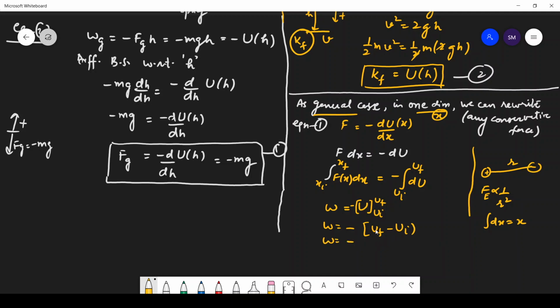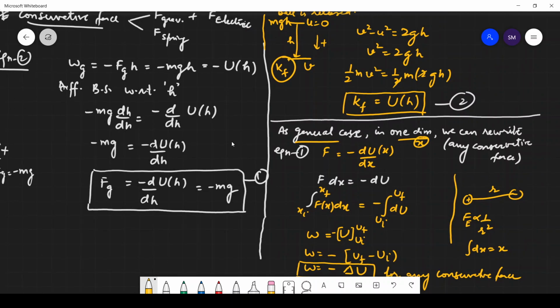That is final minus initial, which is always the change, so the work done is the negative of the change in potential energy for any conservative force. We have done this earlier also, isn't it?